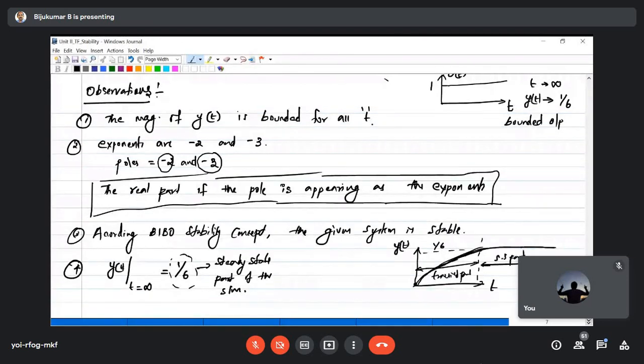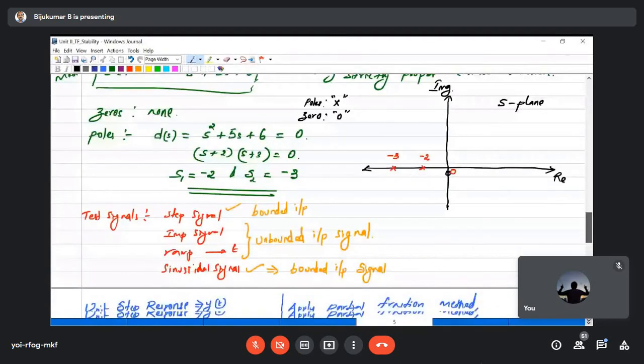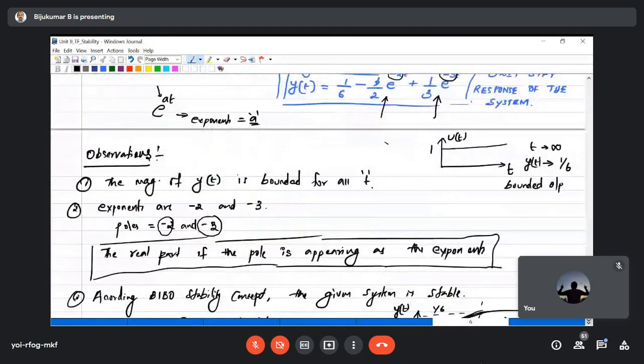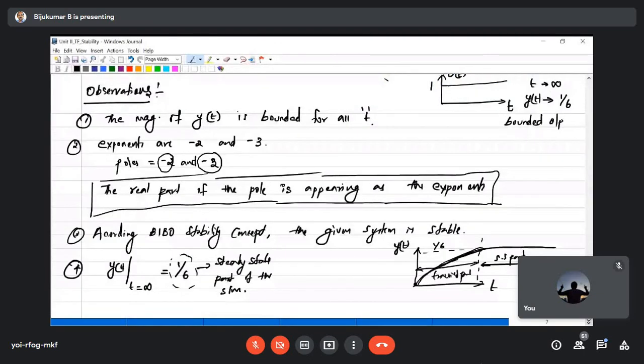Anyway, we will summarize it and wind up the class. According to BIBO stability, we need to check whether the system produces a bounded output for all possible bounded inputs. So if you have a system, just apply a unit step input or a sinusoidal signal. Just now we applied a unit step input to the system and obtained y of t equal to 1/6 minus two exponential terms.